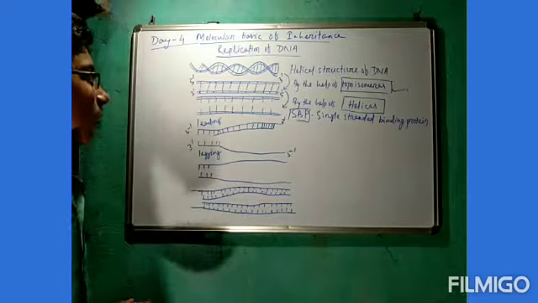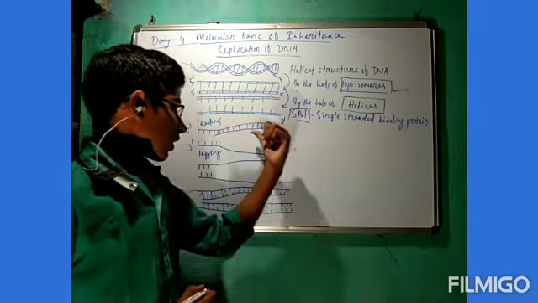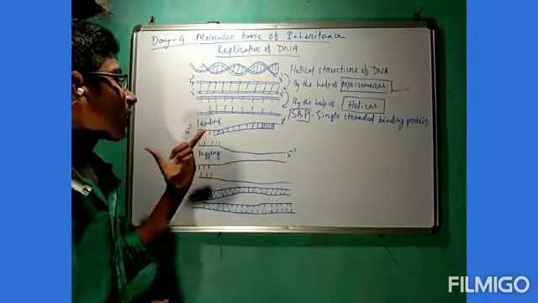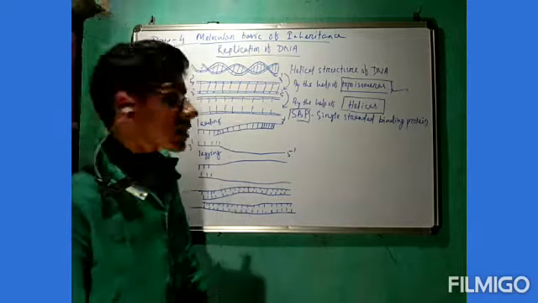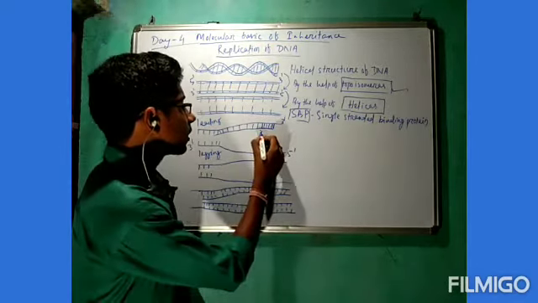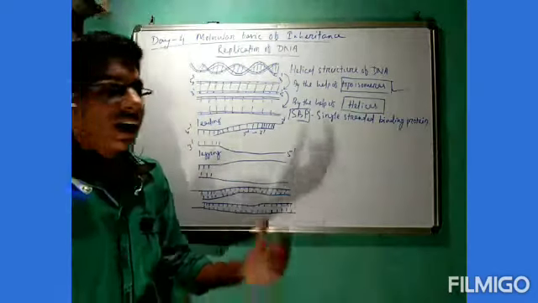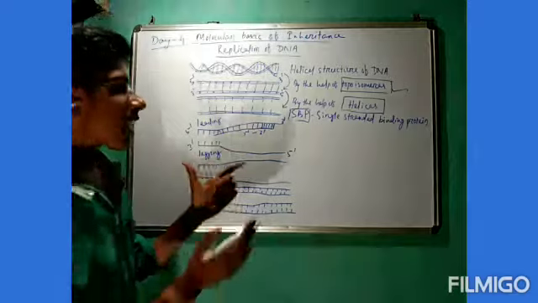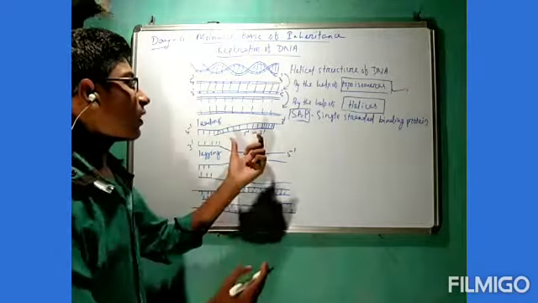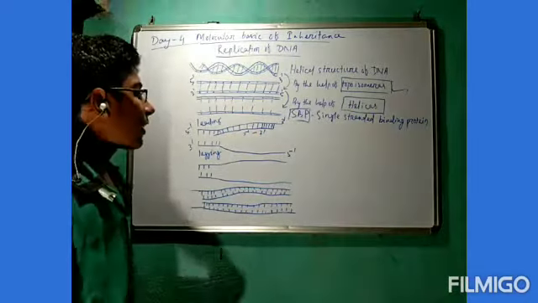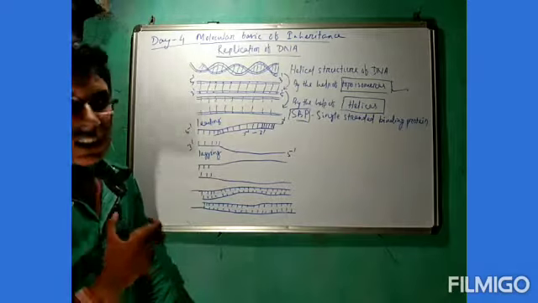Okay. It is happening for the leading strand, and the DNA polymerase is added in the 3' to 5' direction. That means it is adding oppositely. The DNA polymerase strand is adding in the leading strand oppositely.